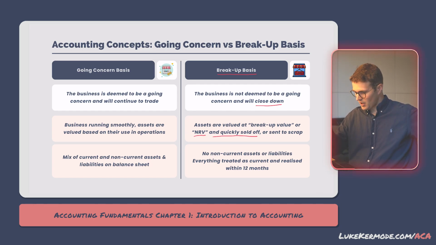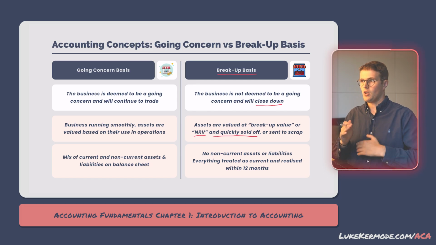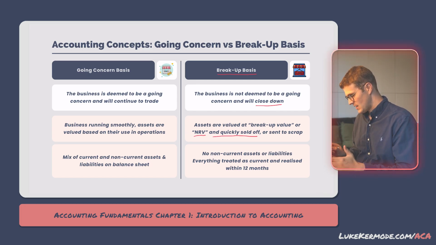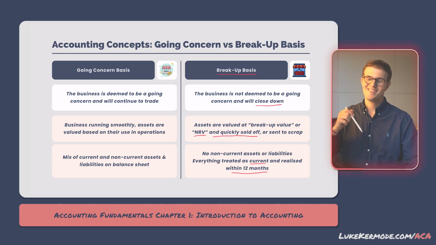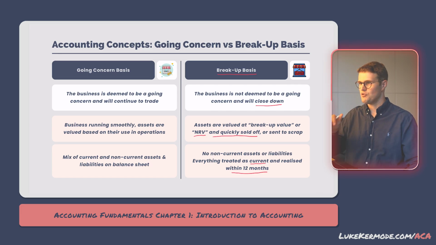So the same thing applies to liabilities. Under the breakup basis, all debts are assumed to be payable within 12 months. There's no distinction between short and long-term assets and liabilities. Everything is treated as current. So to summarise, under the going concern, we assume the business is stable and is going to continue trading.